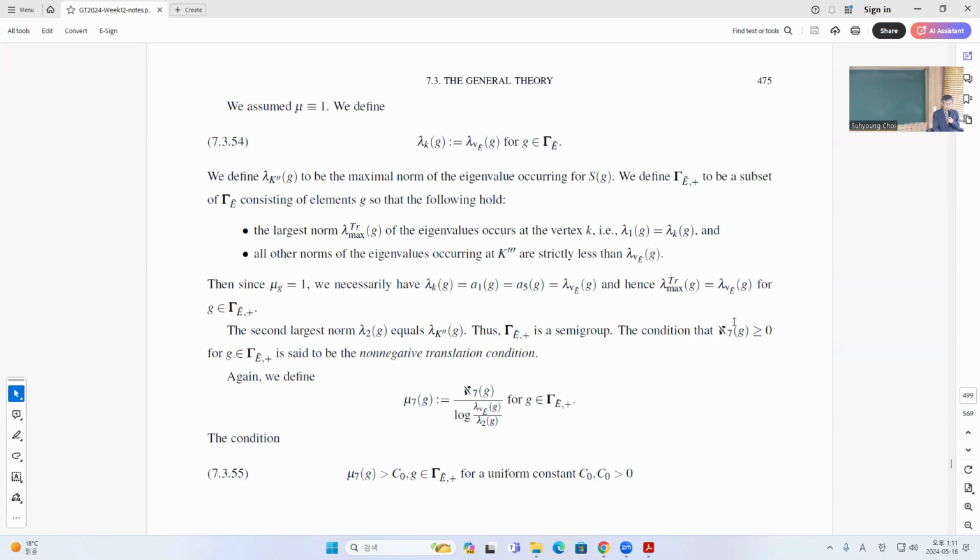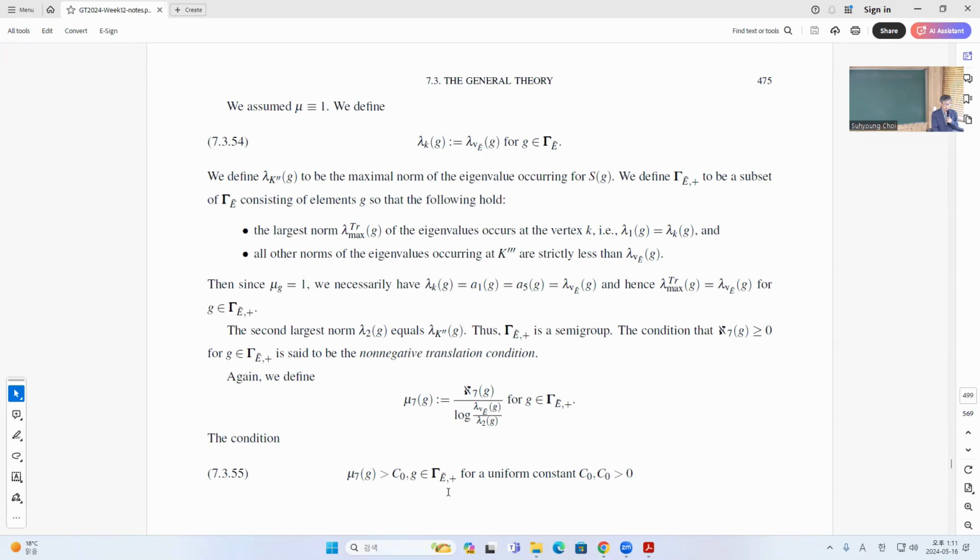And so this condition LF7 is larger than 0 is called the non-negative translation condition. And we define mu7g to be LF7 divided by this number. So this is like lambda 1 divided by lambda 2. So it's kind of a ratio between the eigenvalue at k double prime and the k. Okay, so we are looking really at the k double prime join this vertex k.